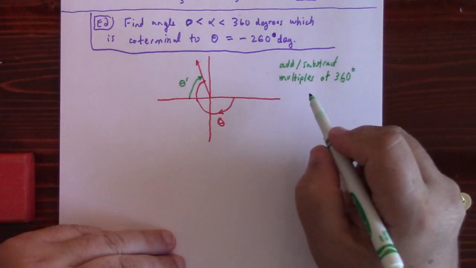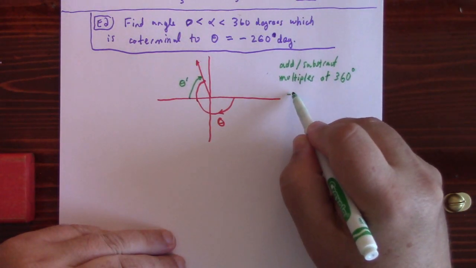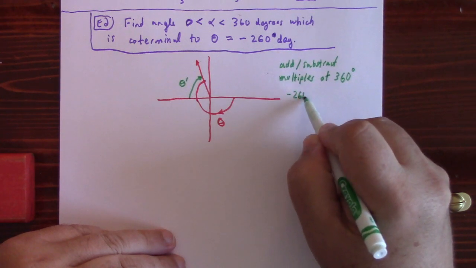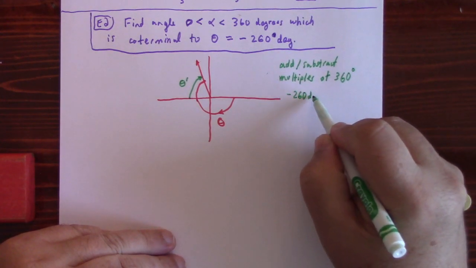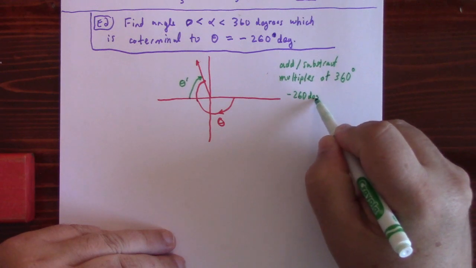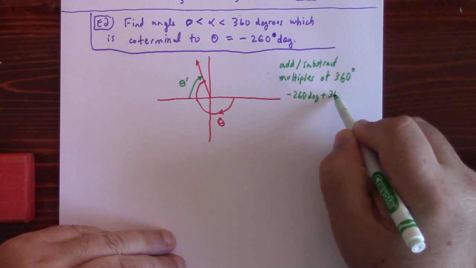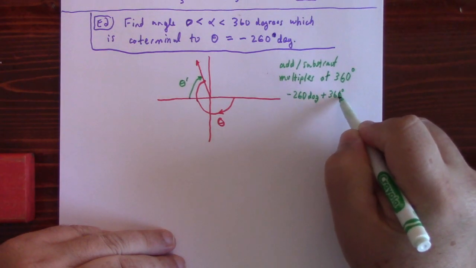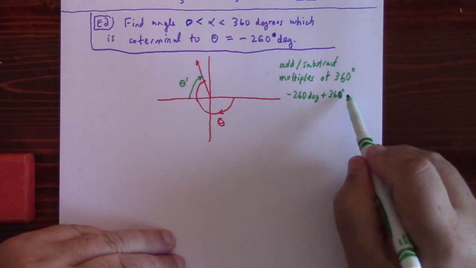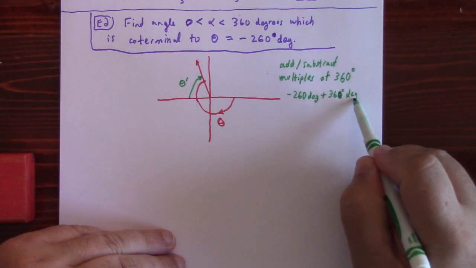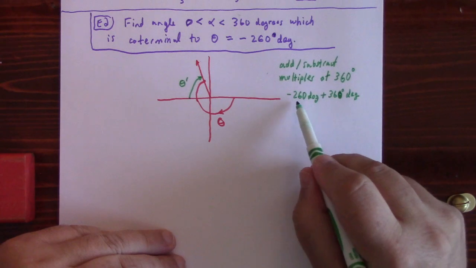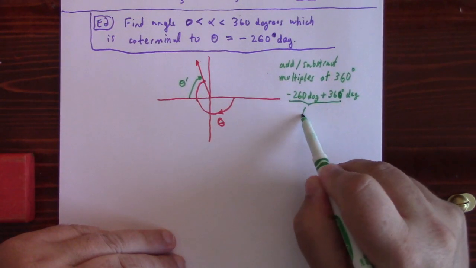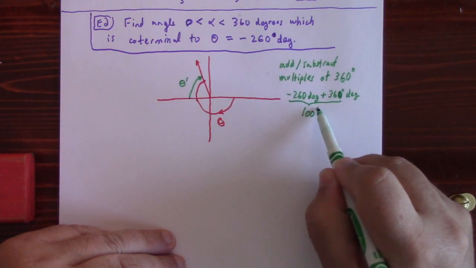So check it out. If we do minus 260 plus 360, that gives us a coterminal angle, and that of course gives me 100 degrees.